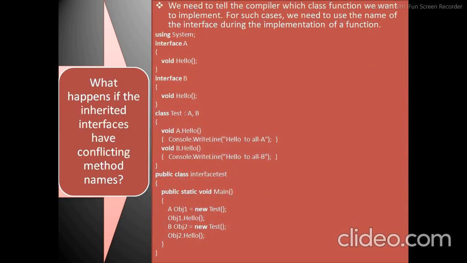Next comes, what happens if the inherited interfaces have conflicting method names? We need to tell the compiler which class function we want to implement. For such cases, we need to use the name of the interface during the implementation of a function.